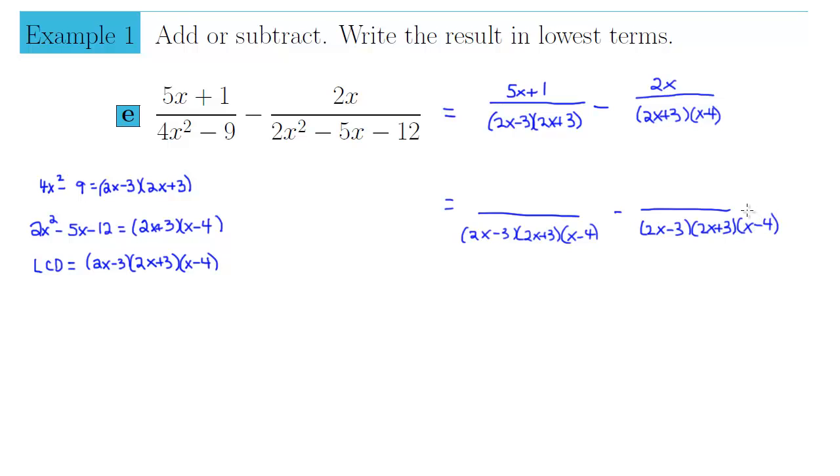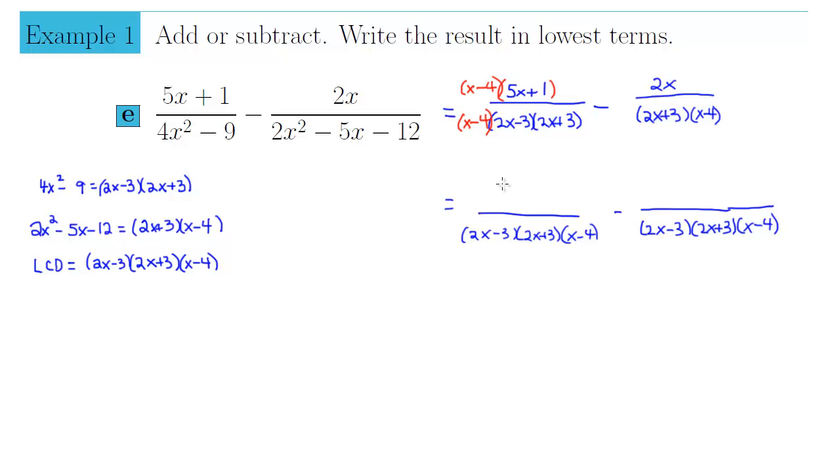So we ask ourselves, what is it that we have to multiply by these denominators to achieve our least common denominator? Well, in the first example, we have 2x minus 3 times 2x plus 3. So the factor that's missing is simply x minus 4 in this first rational expression. If we multiply the bottom by x minus 4, we also want to multiply the top by x minus 4.